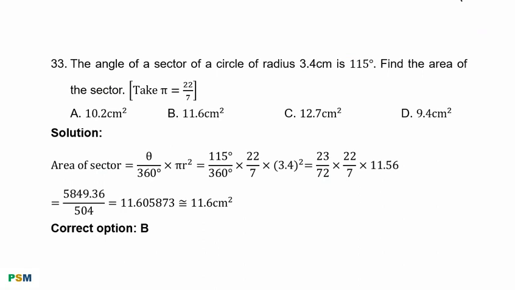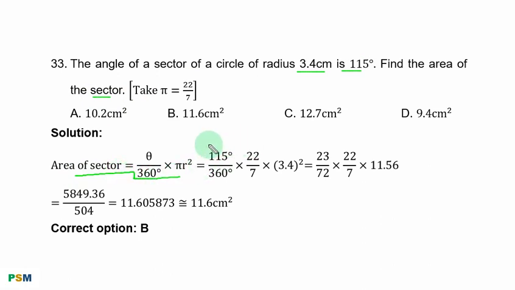Question 33. The angle of a sector of a circle of radius 3.4 cm is 115 degrees. Find the area of the sector. Solution. Area of sector is given by this formula.